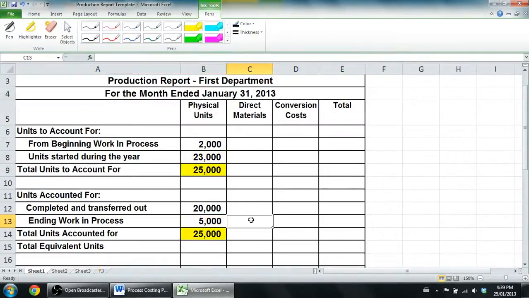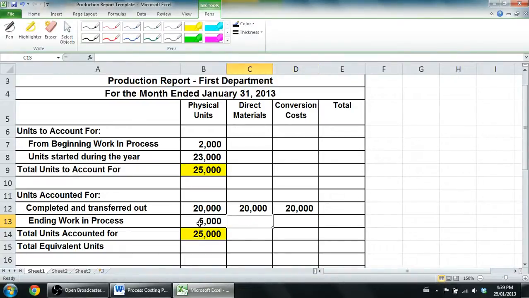There we go. In terms of equivalent units, my direct materials, if I've completed and transferred out, I must have used 100% of the direct materials, right? I wouldn't complete and transfer out if they weren't 100% done. So in terms of direct materials and in terms of conversion, they have to be 100% done. Otherwise, I wouldn't transfer them out if they weren't done, right? I only transfer out when it's done. So it's got to be 100% done.